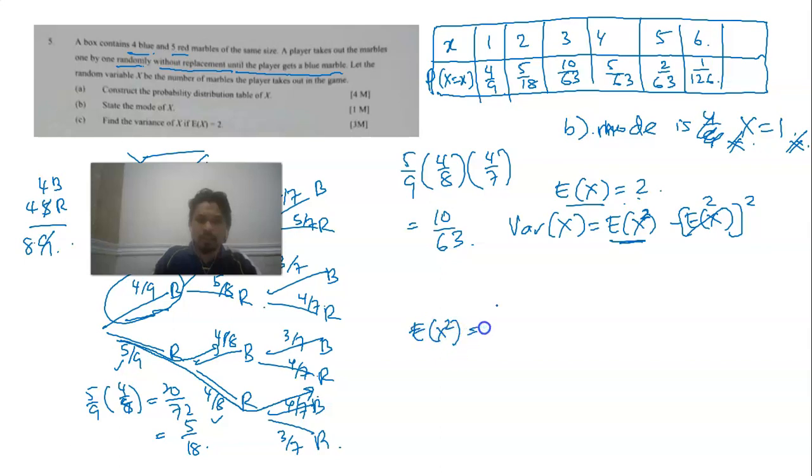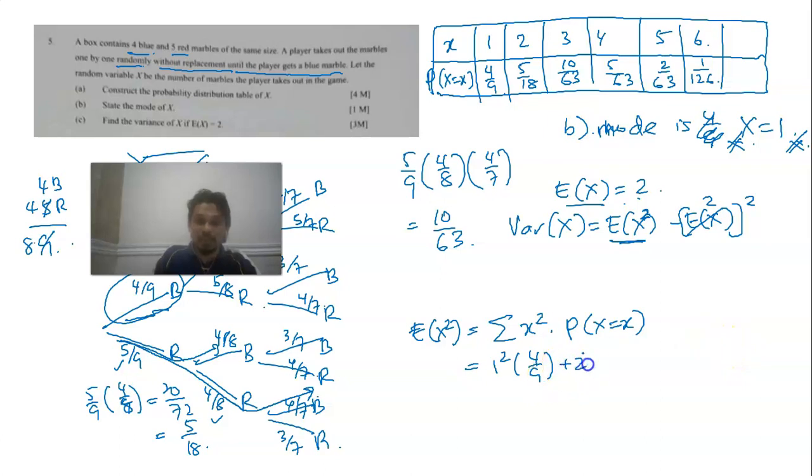Okay, so E(x squared) is the summation of x squared multiplied by the probability of x. So it is 1 squared multiplied by 4 over 9. For this case, we write down all the multiplication first, and then use the calculator to find the answer.